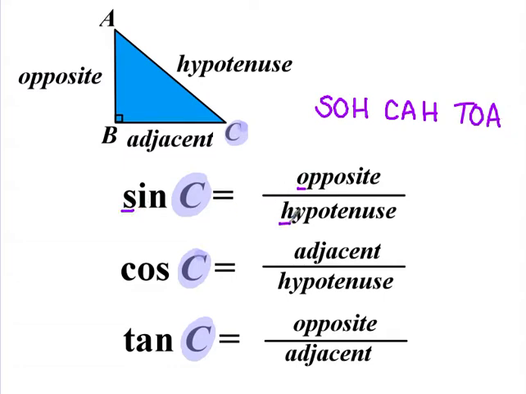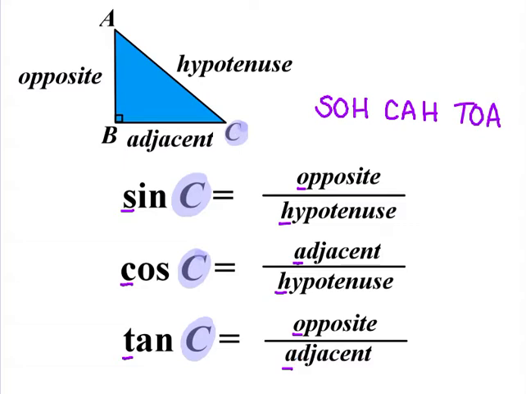So, there's SOH. Here's CAH, and here's TOA. So there's your SOHCAHTOA. That's where it comes from. Biggest thing, you need to get those down. You need to know that sine is opposite over hypotenuse, cosine is adjacent over hypotenuse, tangent is opposite over adjacent. You've got to know those. That's the bottom line.